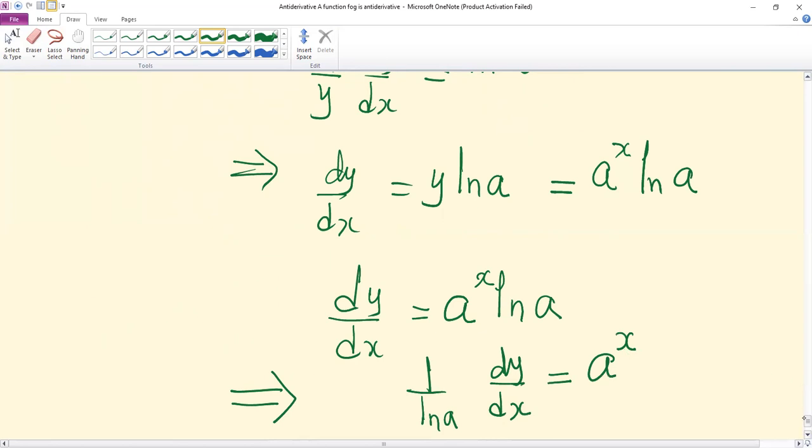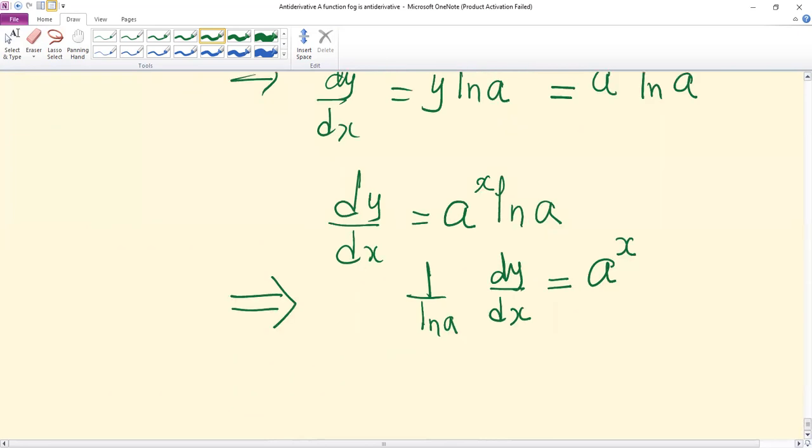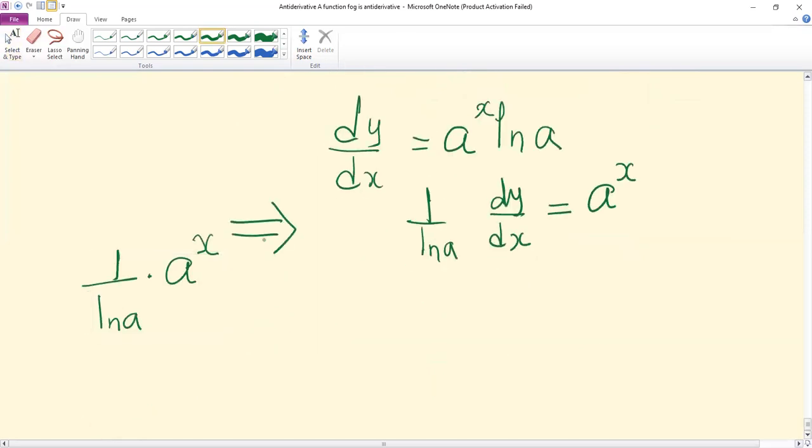So that means a function whose derivative is a raised power x is simply 1 over ln of a times a raised power x. Because if you carry out dy dx on this one here, then dy dx will just be a raised power x.